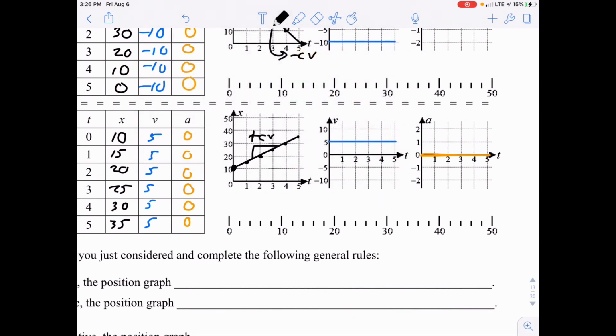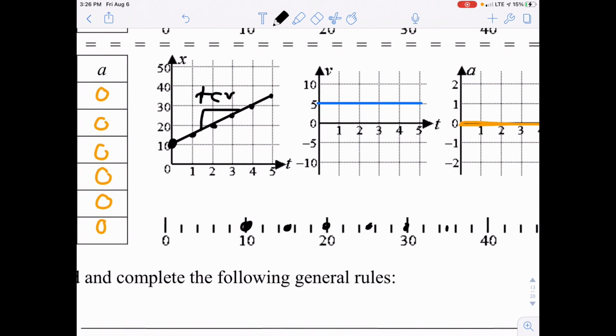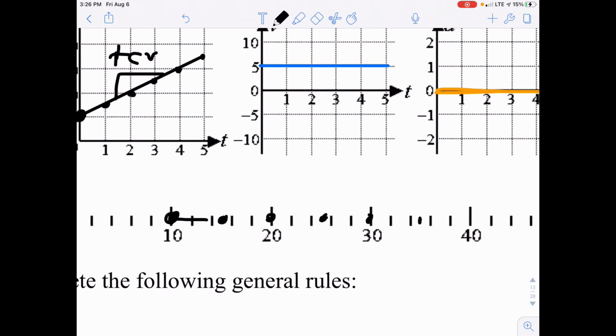Okay, plotting my points for the motion map, I'm starting at 10, and then my next point is at 15, and then 20, and then 25, and then 30, and 35, and then that's it. I have 0 acceleration, so I don't have acceleration vectors, but all my velocity vectors should be exactly the same length pointing to the right. That's showing me good constant velocity.